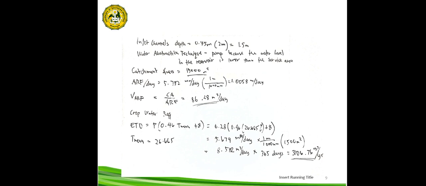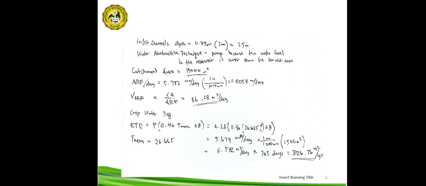The catchment area is 15,000 meters squared. The average rainfall per day is 5.752 mm per day times 1 meter over 1,000 mm, which gives 0.0058 meter per day.